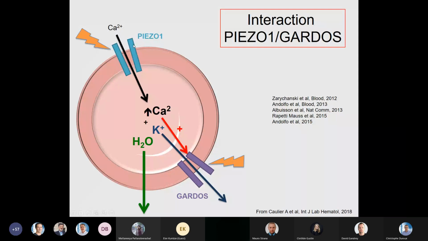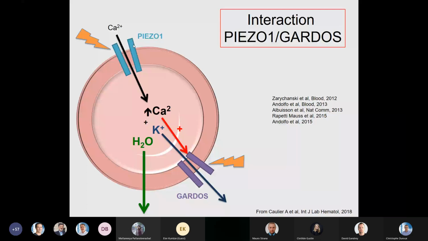The mechanotransductor is a protein that is able to transform a mechanical stimulus, a mechanical stress, into a biological response. And the biological response is the entry of calcium. So each time there is a mechanical pressure on the red blood cell membrane, PIEZO1 opens up and the calcium enters inside the red blood cells, increasing the intra-erythrocytic calcium concentration.